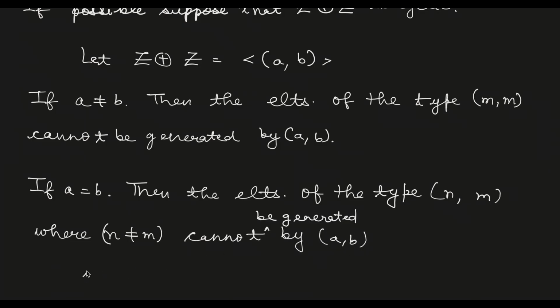Which is a contradiction, because we assumed this is cyclic, so it is generated by the generator A comma B. And if it is a generator, then it will generate all the elements of this group. So we get a contradiction.